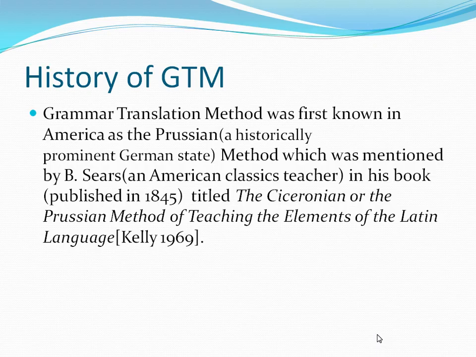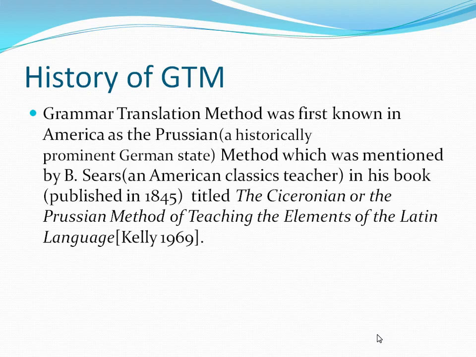In the German state Prussia, some scholars initiated a method of teaching foreign language and learning a second language, that is the grammar translation method. So it has another name, the Prussian method, and it was mentioned by a scholar, B. Sears, in his book The Ciceronian or the Prussian Method of Teaching the Elements of the Latin Language.